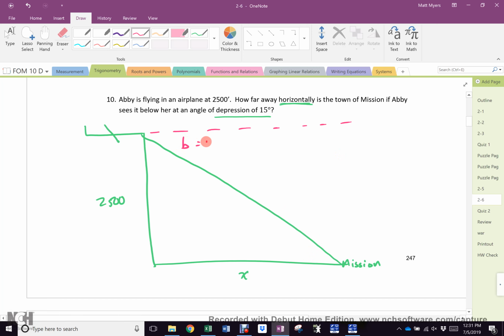So we know this is 15, but we also know this is 15. And now I have a theta of 15. What is this 2,500? Opposite equals 2,500. And what do I need? Adjacent equals X. And I'm going to leave it there. Everybody cool? You're going to work this out.